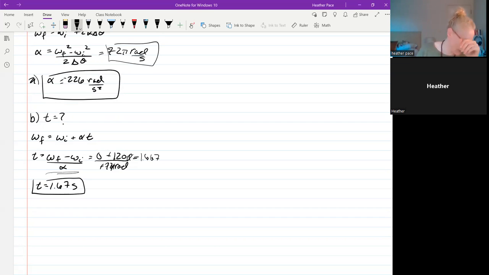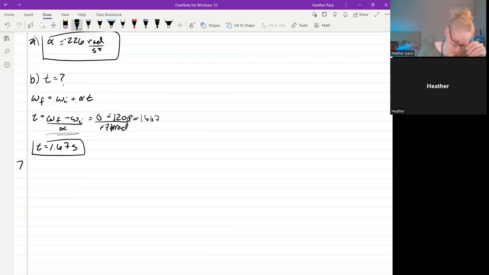Moving on. 7. A bicycle starting at rest produces an angular acceleration of 1.6 radians per second squared. For wheels that are 38.0 centimeters in radius, what is the bicycle's linear acceleration? All right, so we are looking for a.